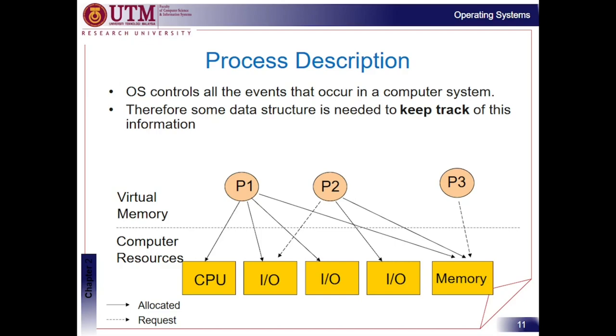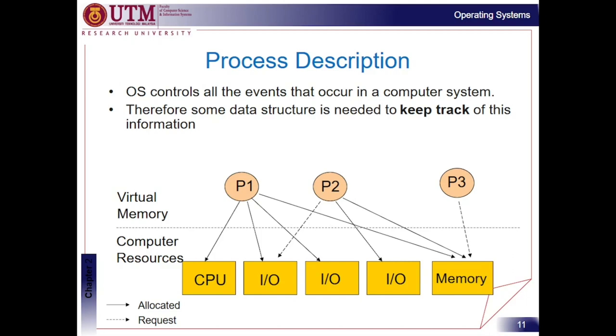The slide illustrates how the OS allocates different resources to three processes, which are P1, P2, and P3. The CPU is the main resource that executes the instructions of a process.